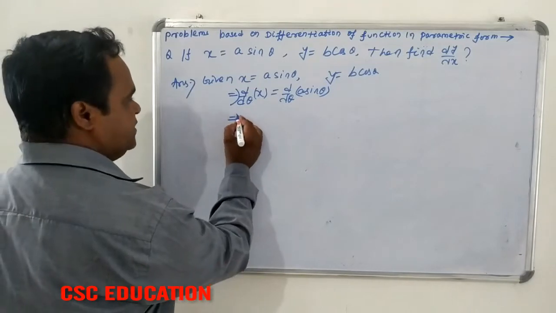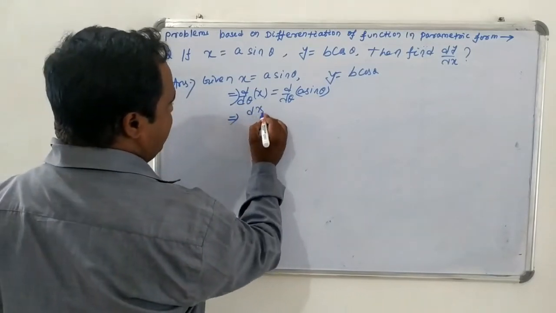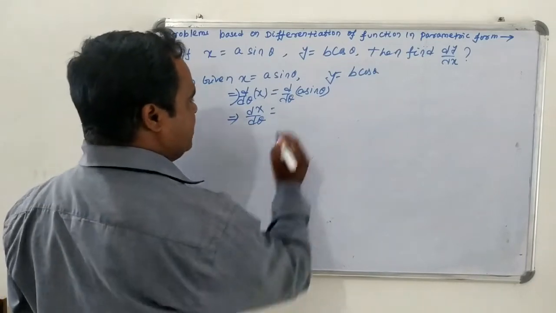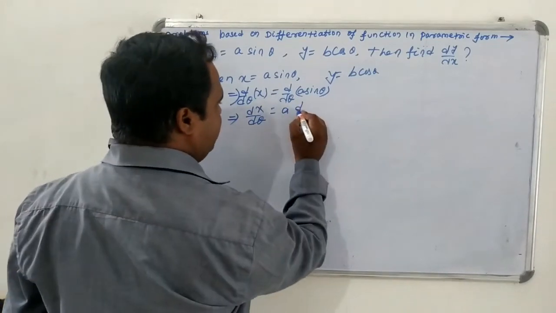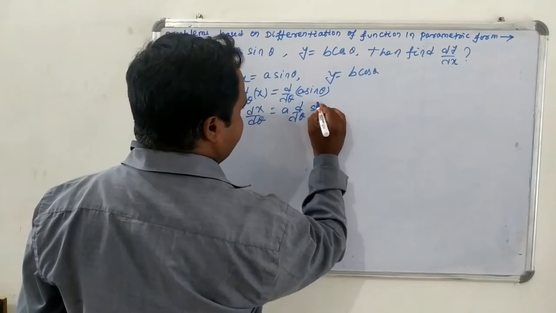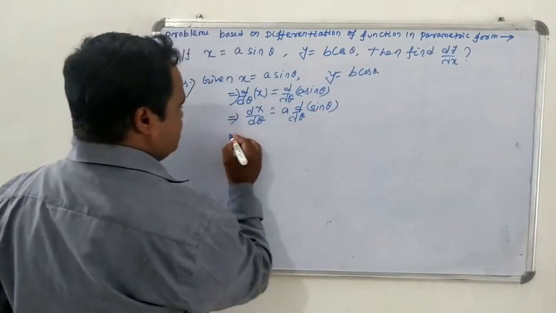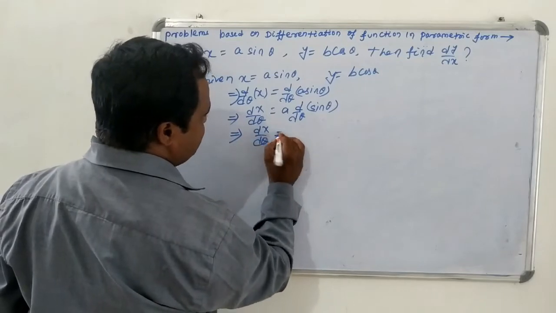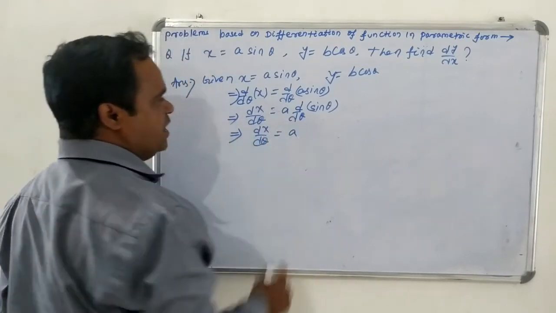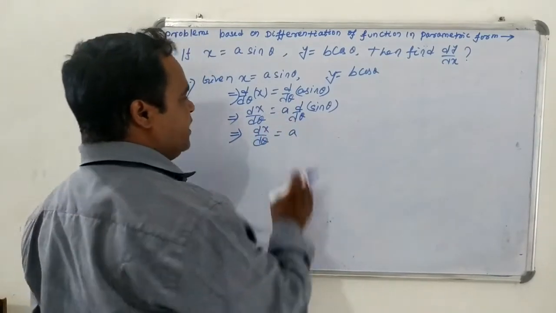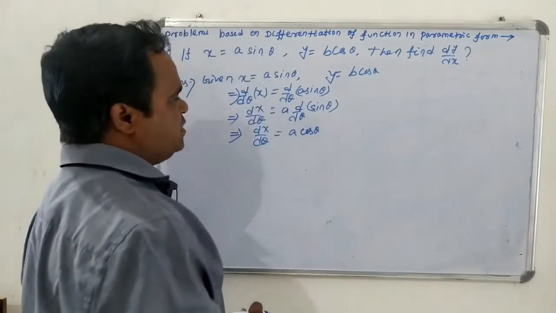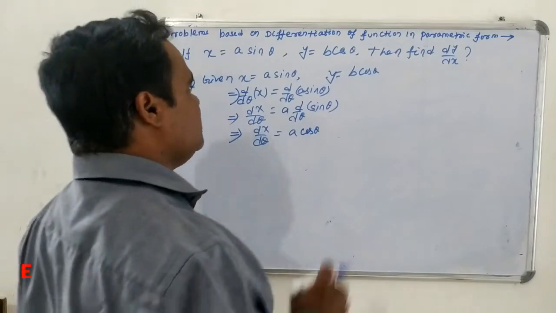This implies dx by d theta equals a, a constant factor, times d by d theta of sin theta. The derivative of the trigonometric function sin theta is cos theta, so dx by d theta equals a cos theta.